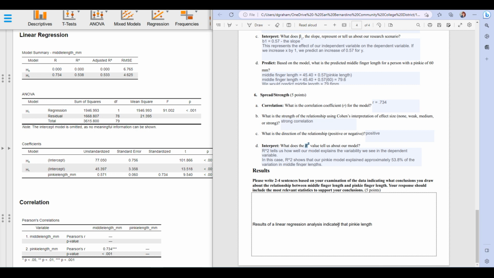Indicated that a model including pinky length explained approximately 53.8% of variability in middle finger length.